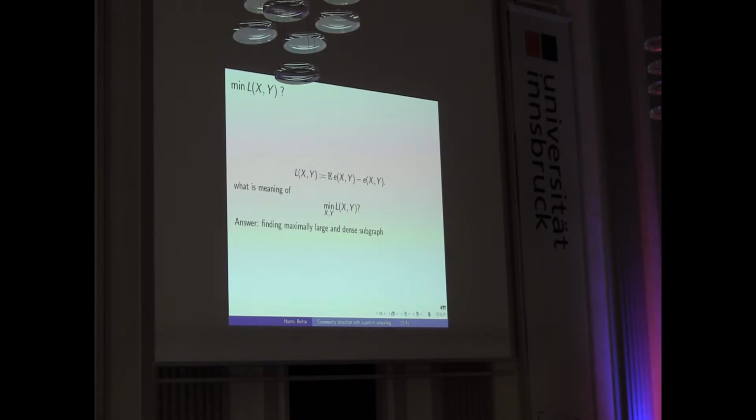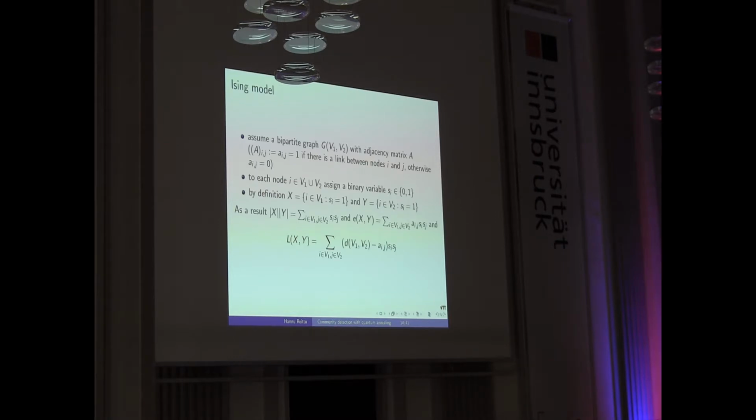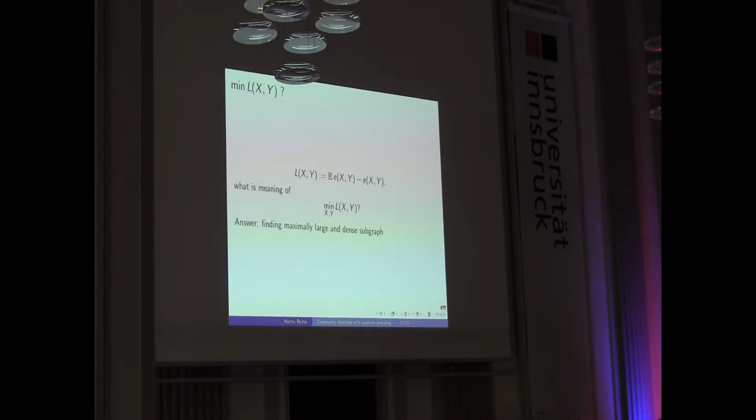From now on, we are talking about minimum. The maximum could be done in a similar way. The meaning of this minimum is that you try to find some denser subgraph where the fluctuation is upward, because this makes this whole function negative.